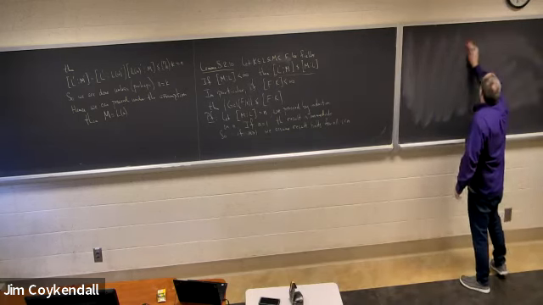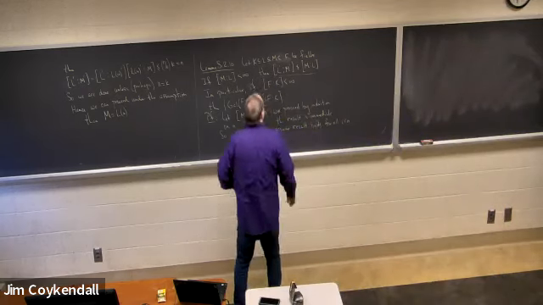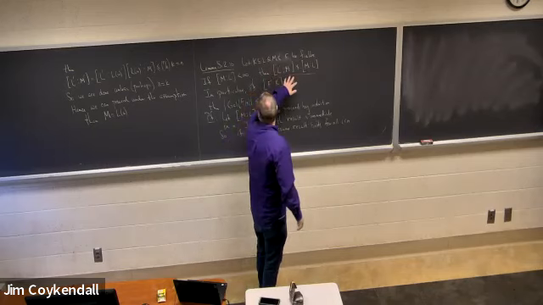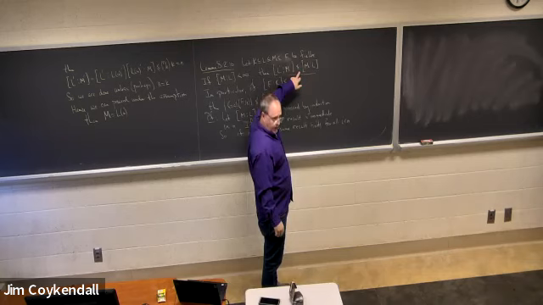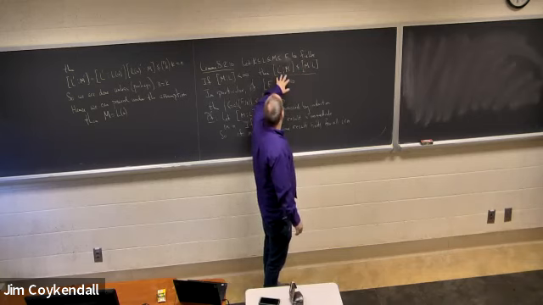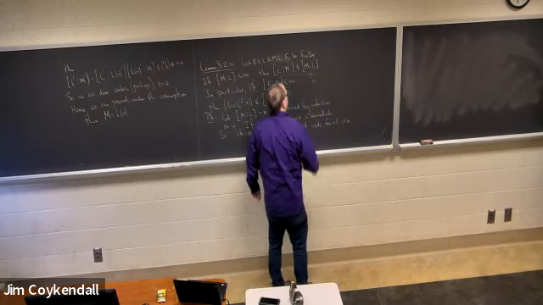So remember, what we're going for here, the brass ring, is we want to show this inequality. And of course, this is finite, and in our case this is n.